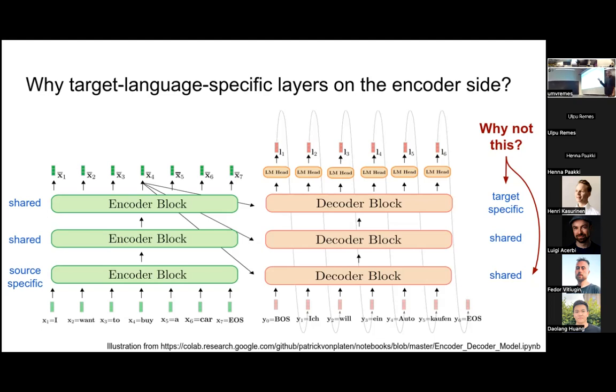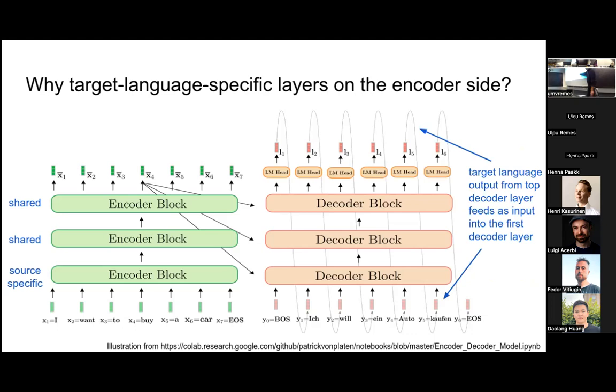Intuitively, you would think that you can have more shared and more target-specific language blocks on the decoder side, but because you pipe in target language input in the first block, this doesn't make a lot of sense. That's why this feedback loop avoids the hierarchical structuring that you could do on the decoder side.